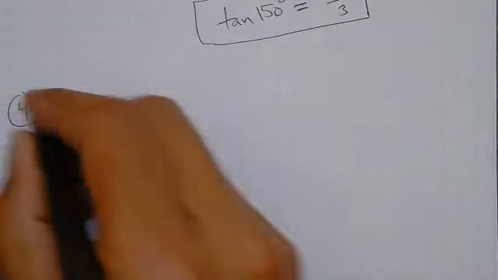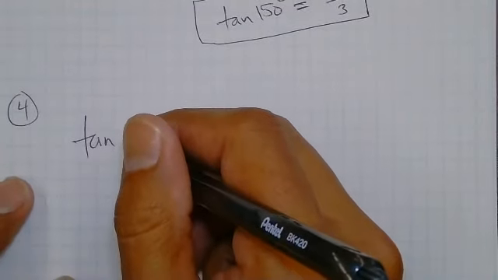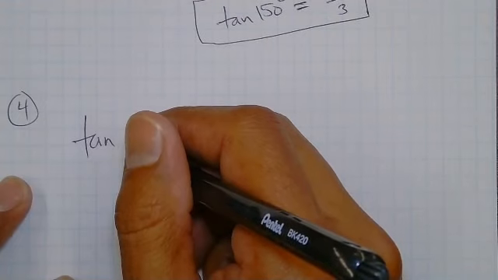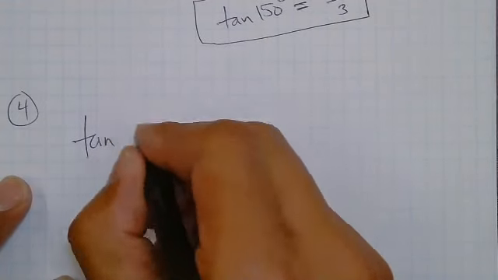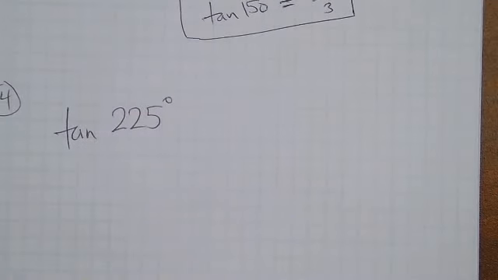Okay, here's gonna be a good one. That was number 3, this is number 4. All right, do this one. Tangent of 225 degrees.